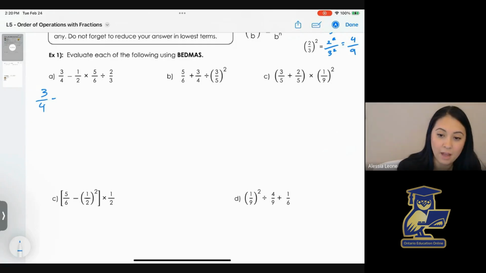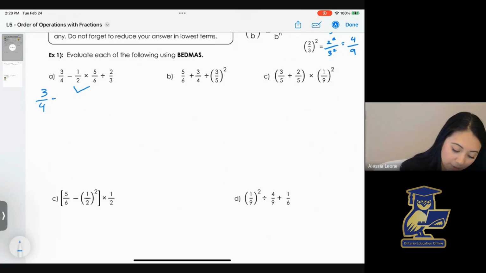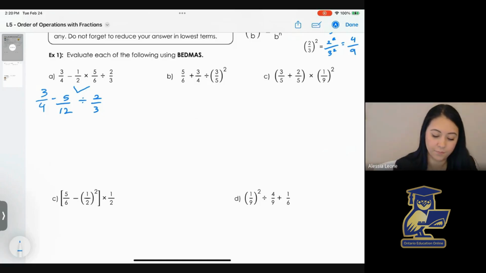1/2 times 5/6. We know to multiply the numerators and denominators together. 1 times 5 is 5. 2 times 6 is 12. And then we will keep our division.